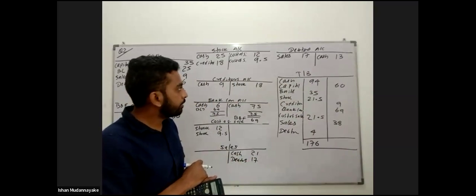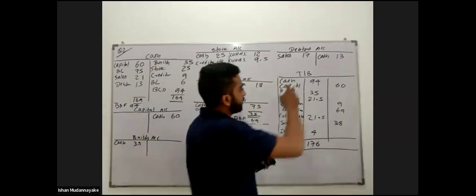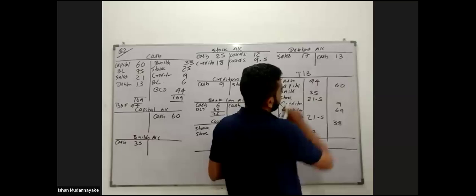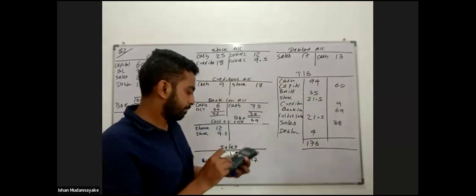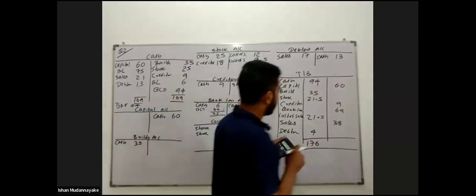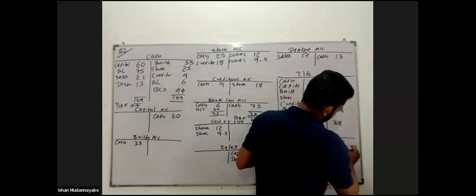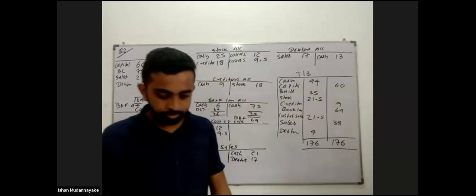Okay. Credit sale 17,000. Okay, sir. 176.